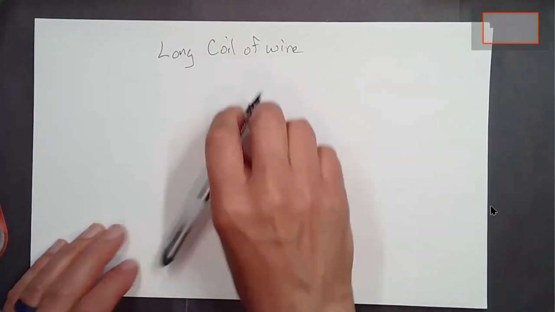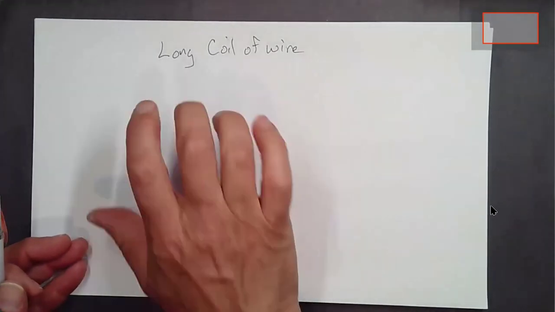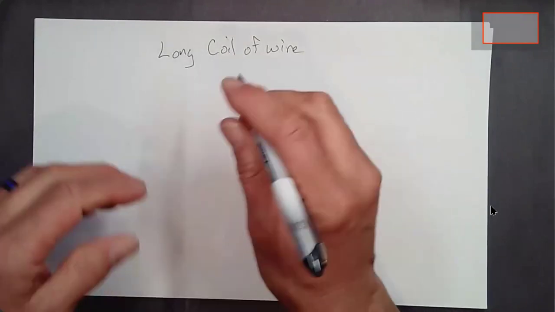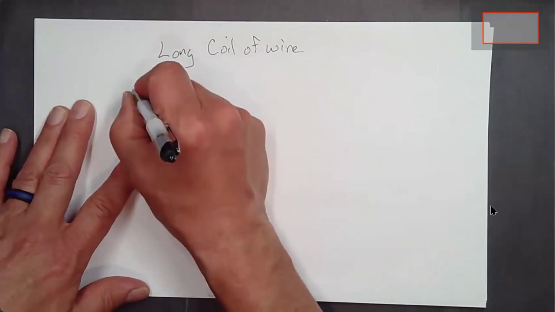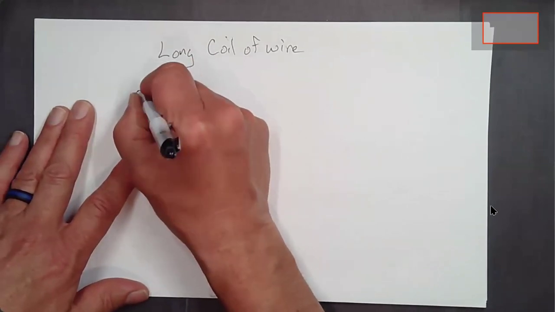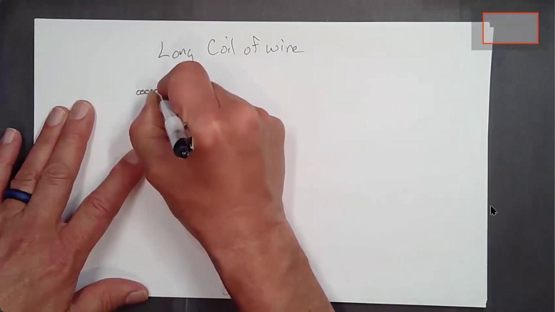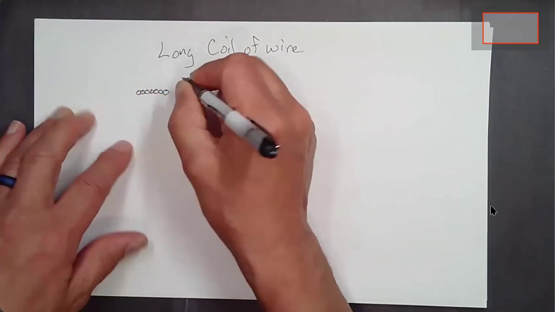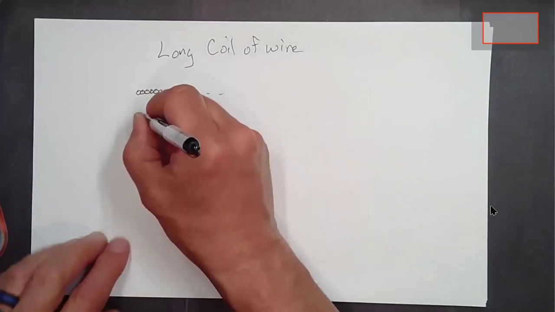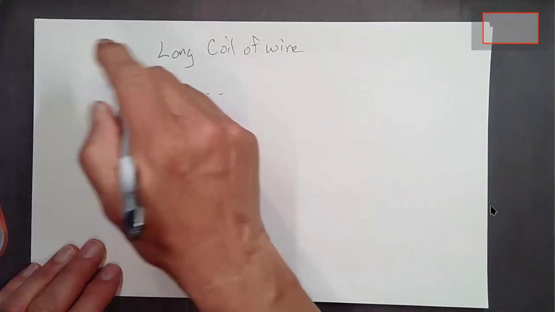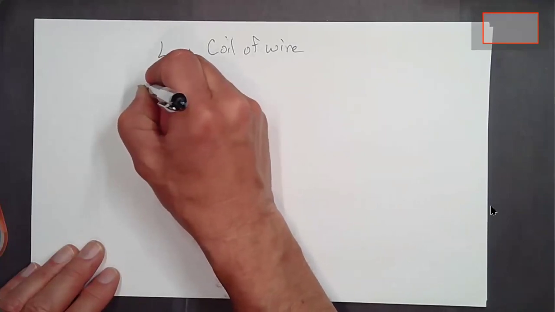Okay, and let's suppose that the current in the wire is, and we just imagine looking at a slice of this long coil of wire. So we could think of kind of cutting it in half here and having a whole bunch of loops like that. And on this side, let's just imagine that the current is always going into the page.